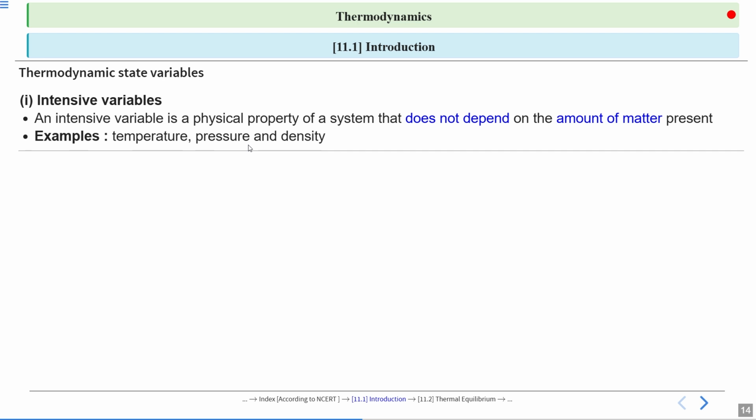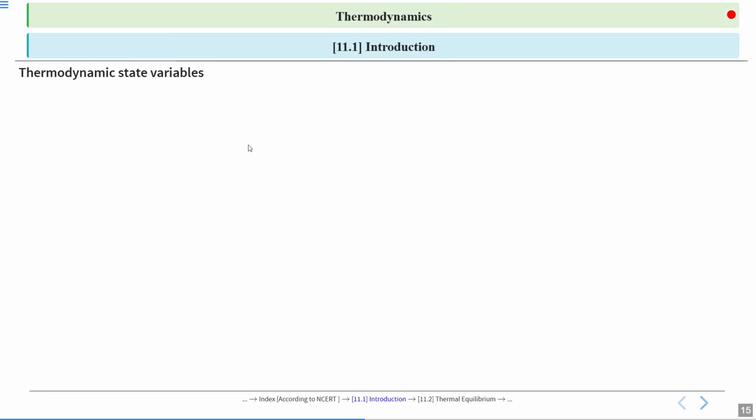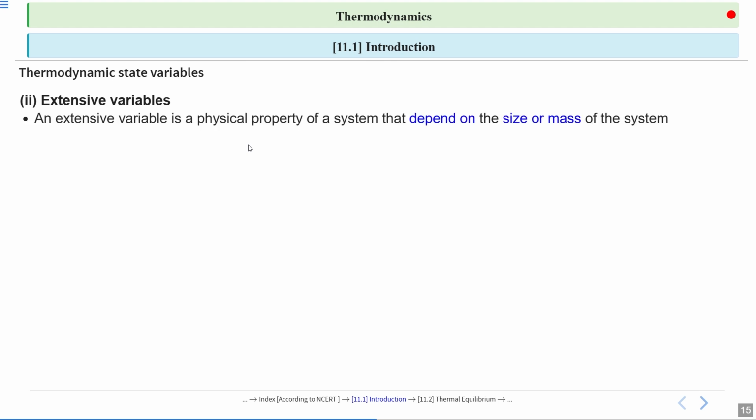Second thermodynamic state variable is the extensive variable. An extensive variable is a physical property of a system that depends on the size or mass of the system. It means it is dependent on the size and mass of the system.